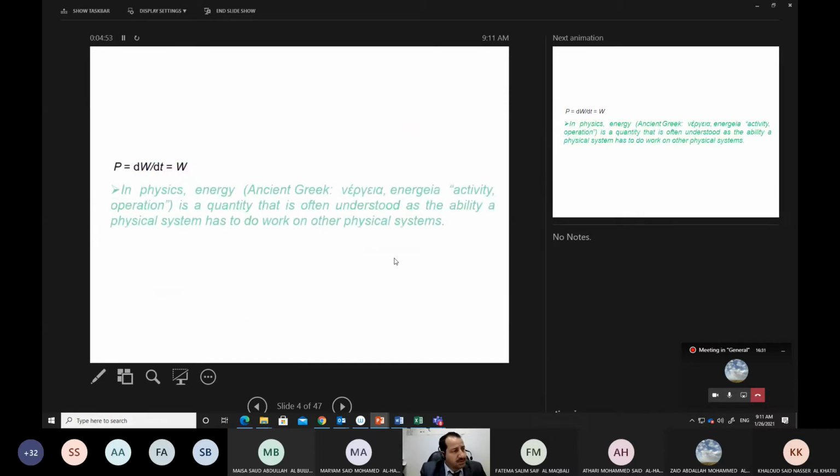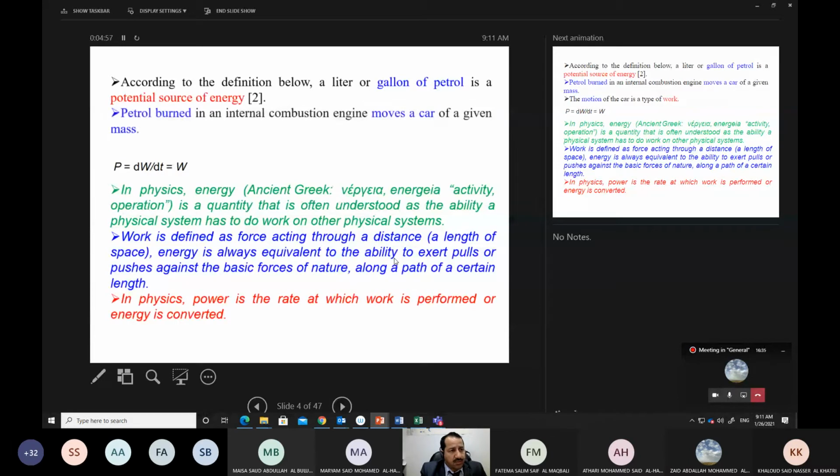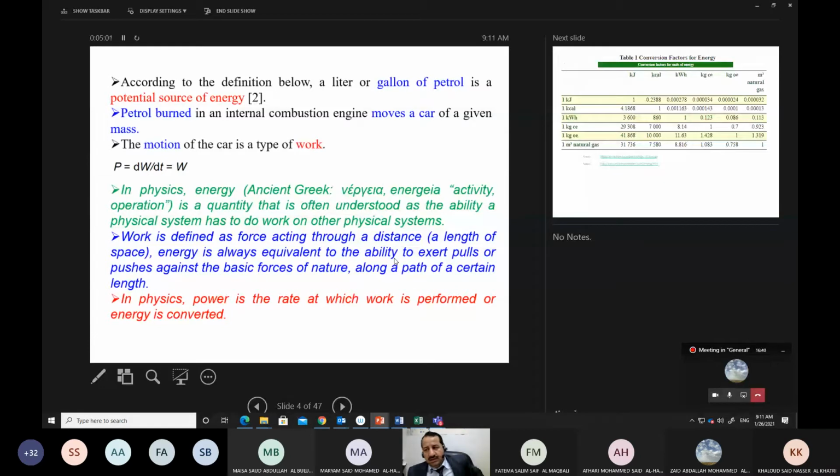Still, an introduction to the topic. When we talk about the definition of energy, we know that if we have a car, the gallon of petrol inside the car tank represents a potential source of energy. It's energy saved.